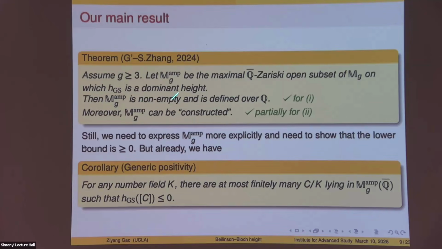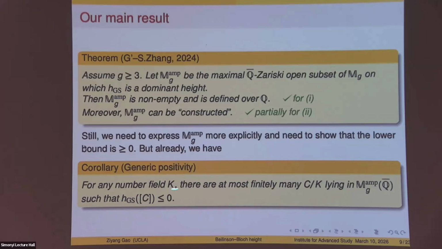But already from part 1, we can say that it satisfies the Northcott property on this locus. Then if we set, okay, so how about the points of height at most 0? They are bounded heights, and if we fix the number field, the degree is also bounded, so there are at most finitely many of them. So this follows directly from the Northcott property: for any number field, there are at most finitely many curves lying in this ample locus, defined over K, such that the height is negative.